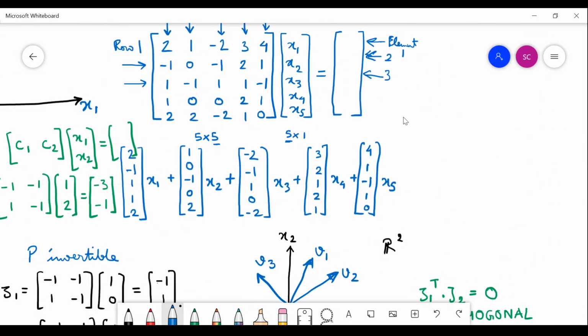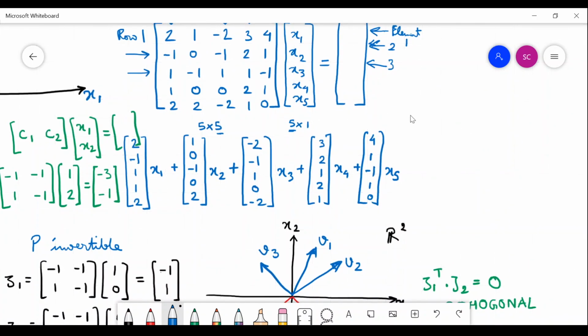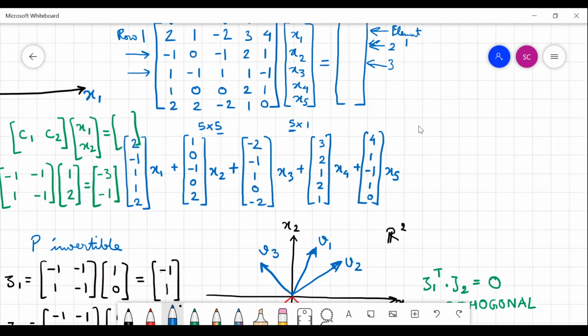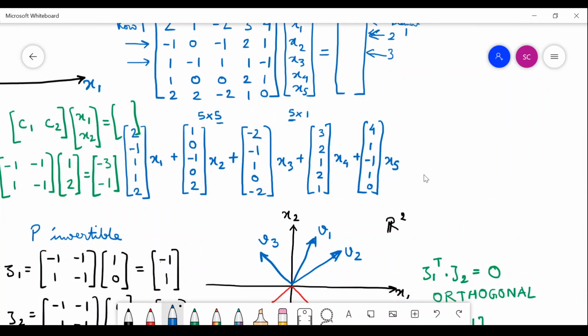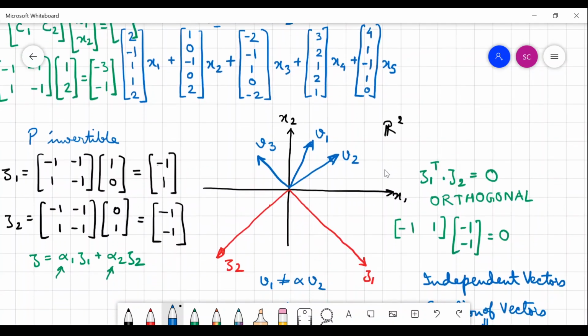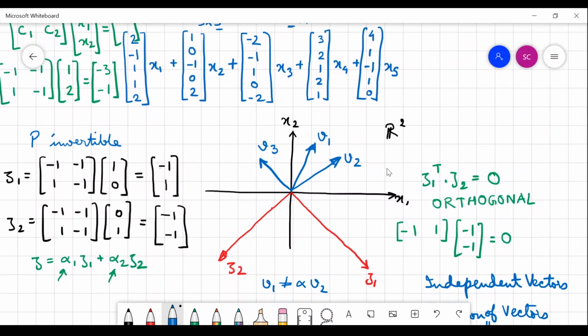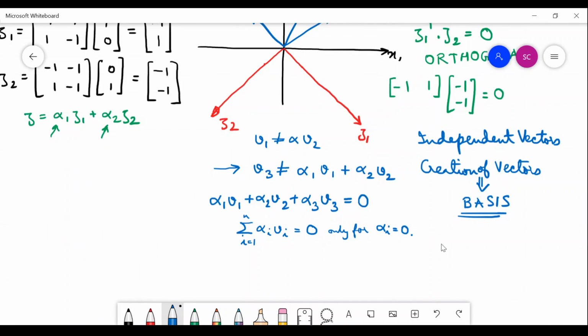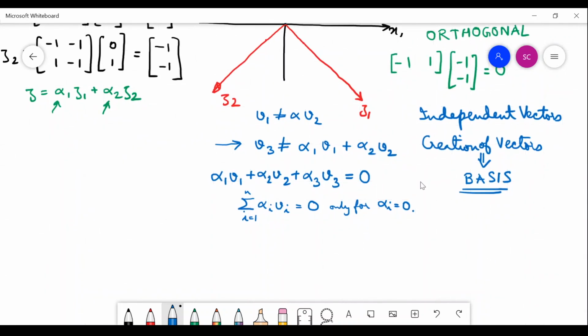Getting some result. Now, okay, we will touch this concept in the next lecture, because this will give us some other concept. Actually, let us look at the basis. What is a basis?